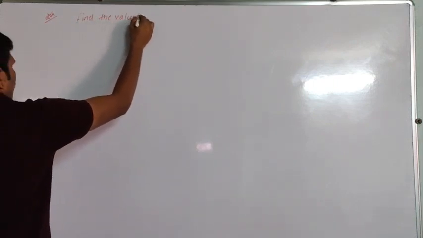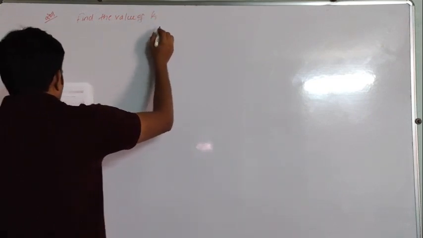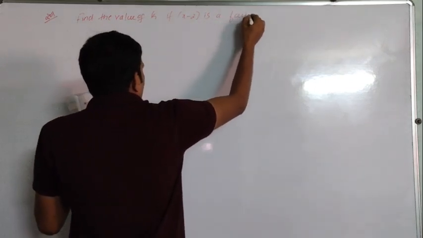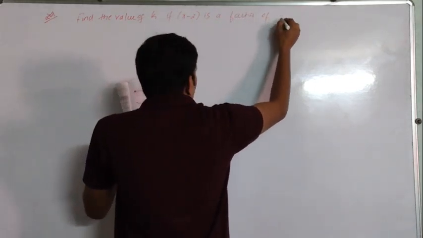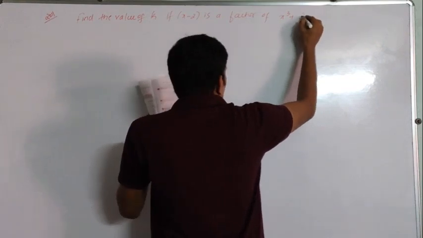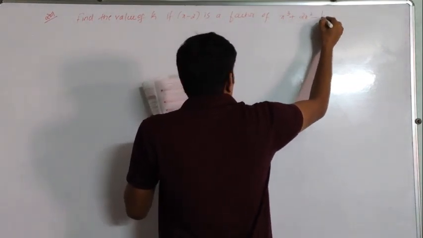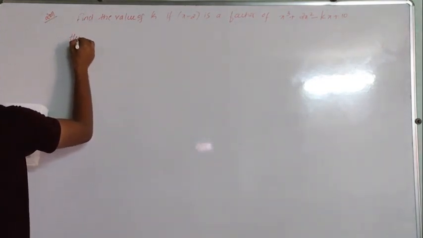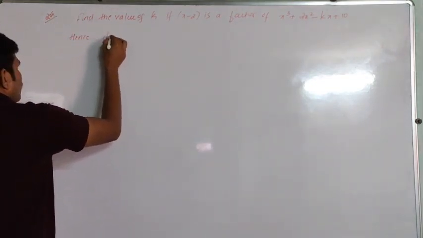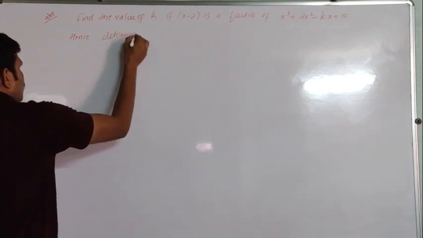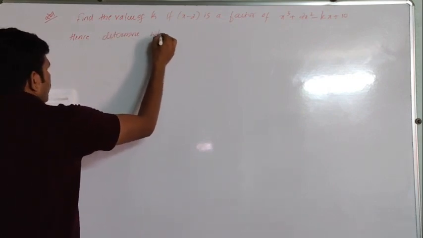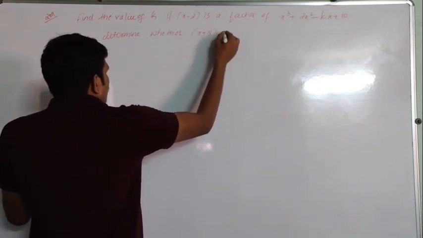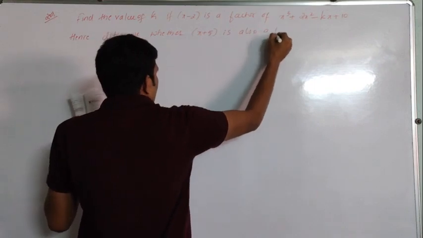Find the value of k if x minus 2 is a factor of x cube plus 2x square minus ax plus 10. Hence determine whether x plus 5 is also a factor.